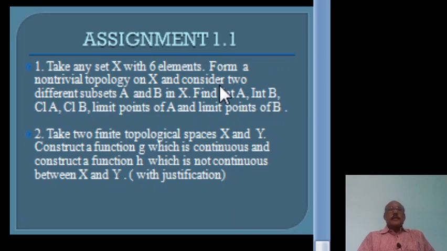Take any set X with 6 elements, form a non-trivial topology on X, and consider two different subsets A and B in X. Take your own sets A and B, and for A and B find interior of A, interior of B, closure of A, closure of B, and the limit points of A and the limit points of B. Another assignment problem is, take two finite topological spaces X and Y and define your own function f from X to Y. First construct the function in such a way that the function is continuous, and then construct another function from X to Y which is not continuous.